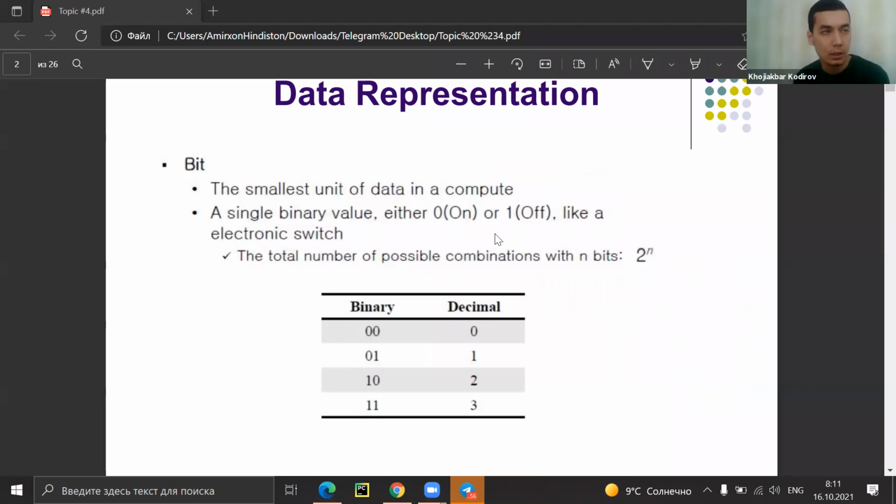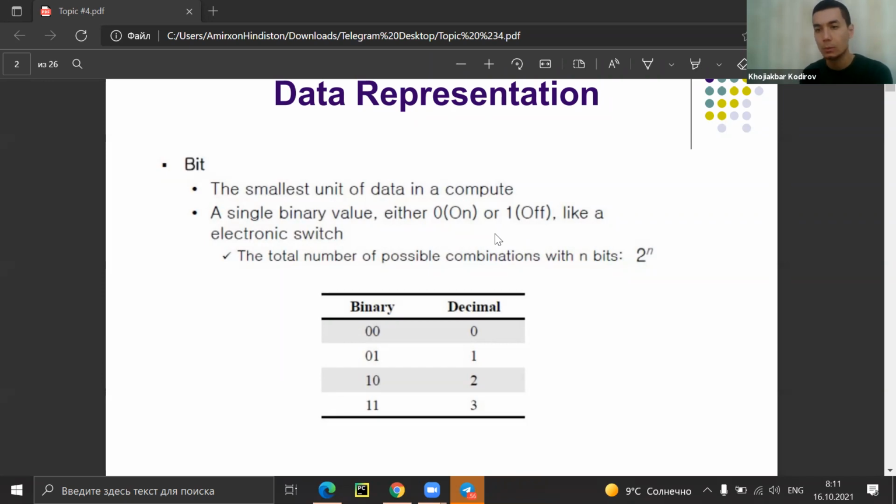Excellent, guys. So the machine does not understand our commands like scanf, printf, int, float, character. They only understand the ones and zeros, machine code.